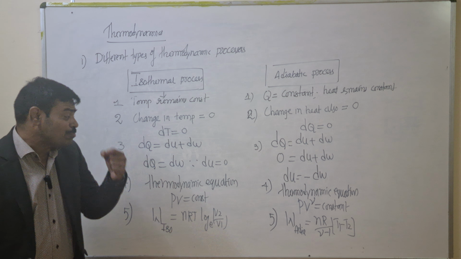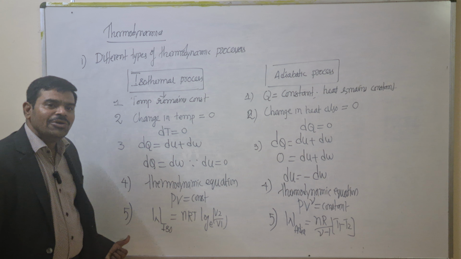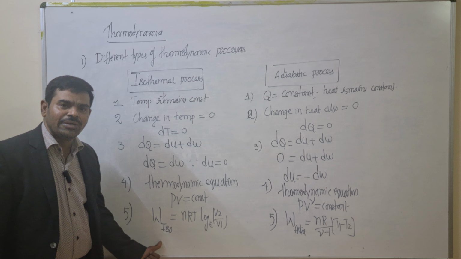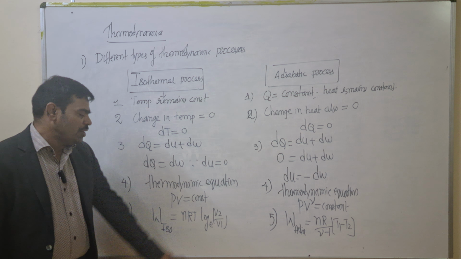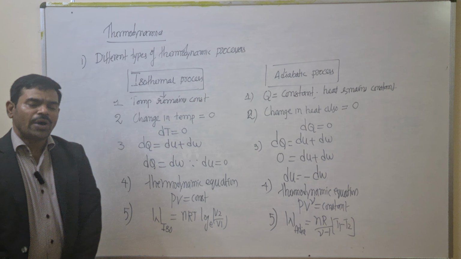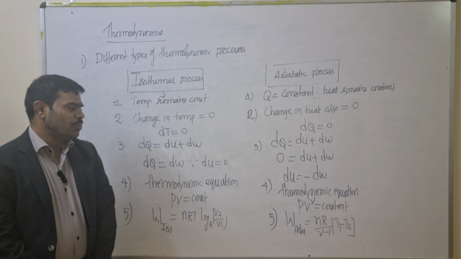And finally, work done during the isothermal process, W isothermal equal to nRT log V2 by V1 to the base e, whereas in the adiabatic process, W adiabatic equal to nR by gamma minus 1 into T1 minus T2.